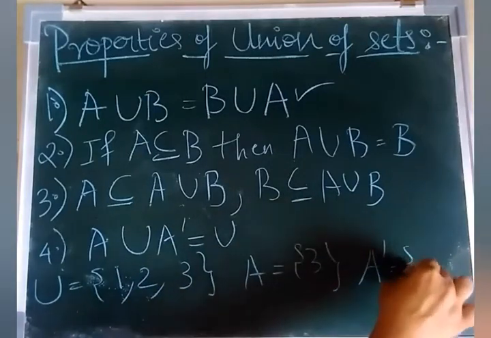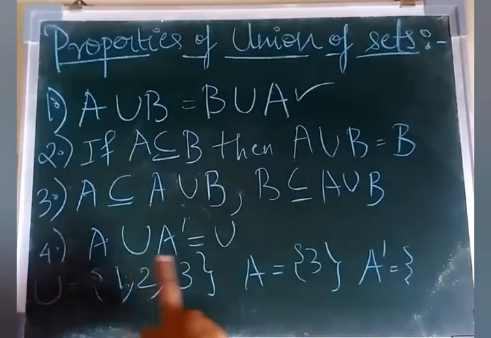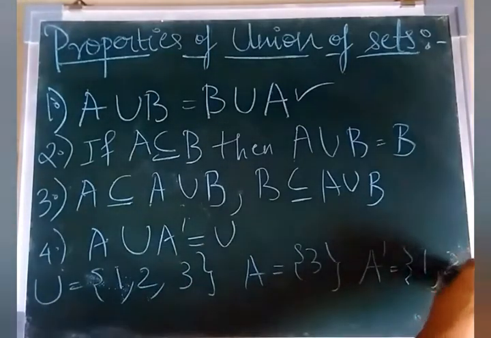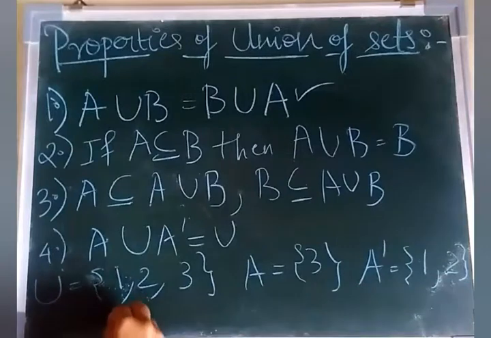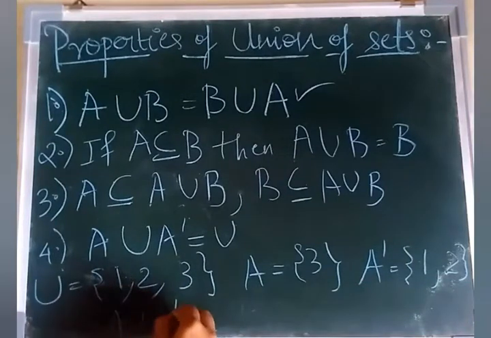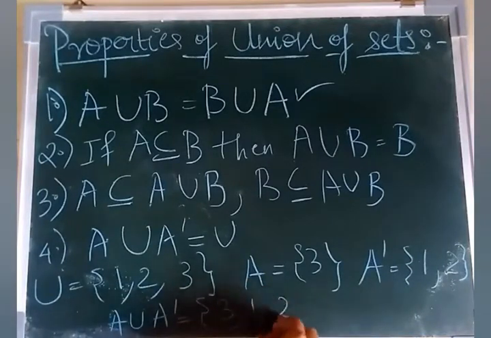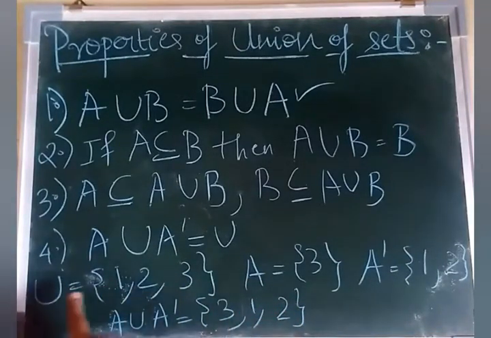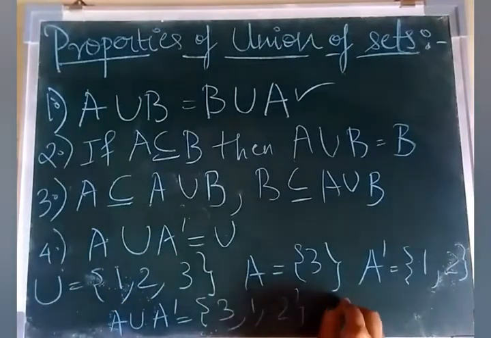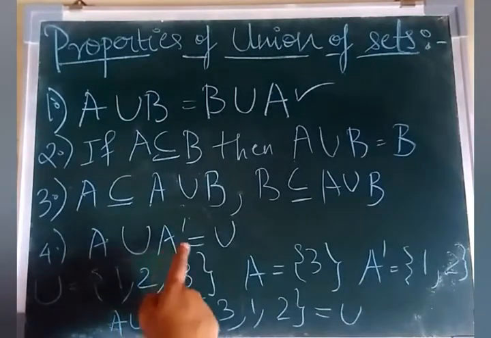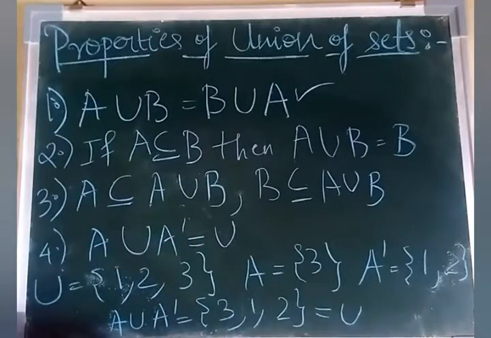A complement will be the set of all elements in U that are not in A. In A, 3 is there, so the rest of the elements are 1, 2. If I form the union of A and A complement, then the outcome is 3, 1 and 2. So this will cover the whole universal set and this is the same as U. So U is the same as the union of A and its complement. That is, A union A complement is the same as the universal set.